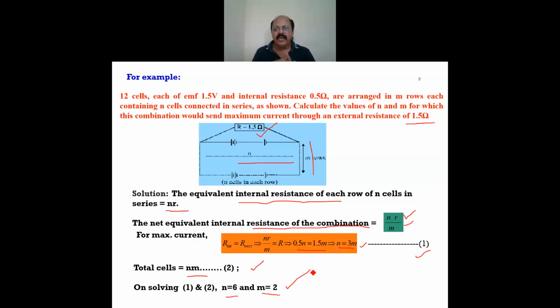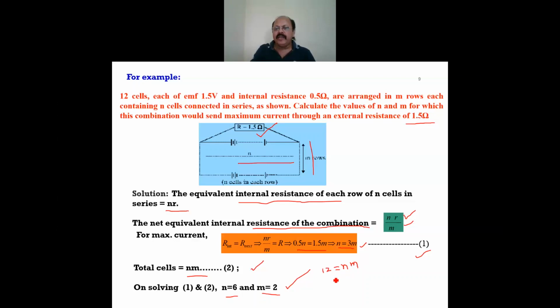I think this calculation you can do. Means total cells are 12, which is equal to nm. So here in place of this n you write 3m. Then what you will get? 3m square equal to 12.